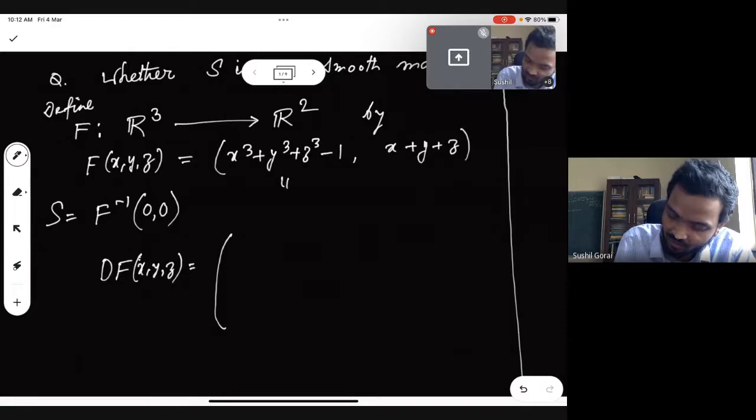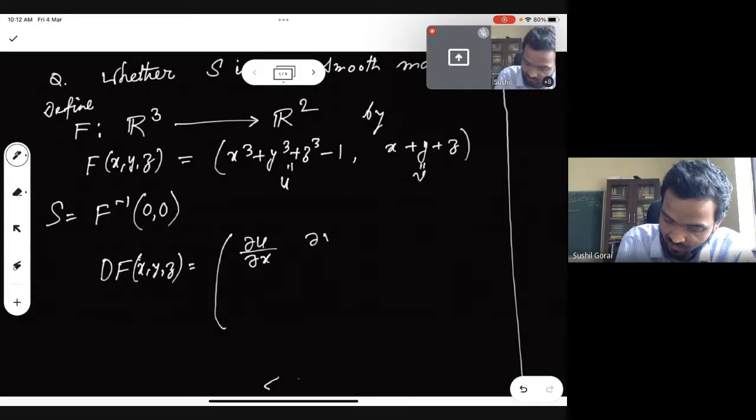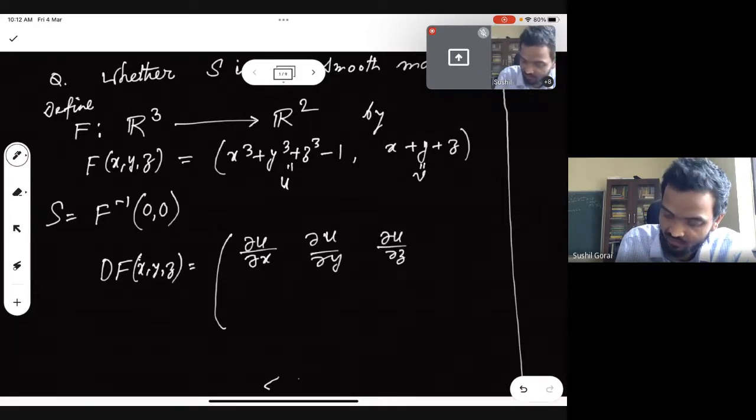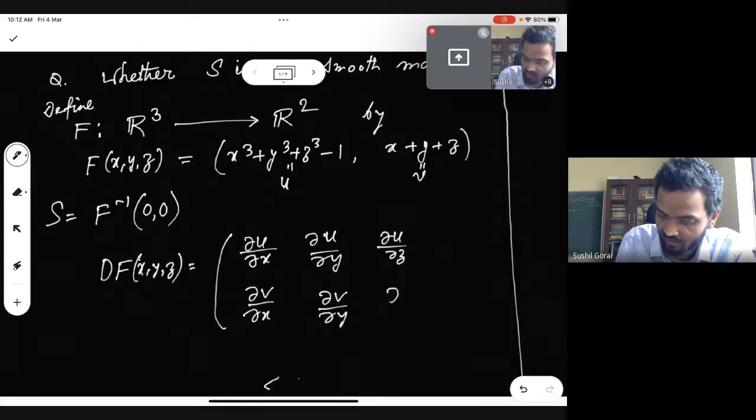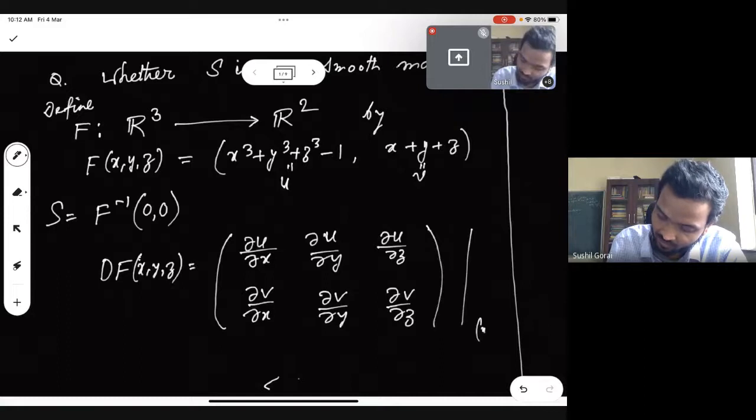If you consider u to be this function and v to be the other, this is the matrix with del u by del x, del u by del y, del u by del z, and del v by del x, del v by del y, del v by del z at the point (x, y, z).